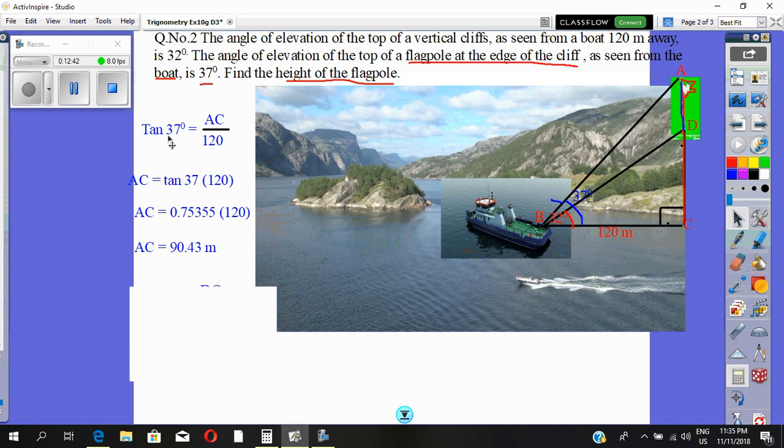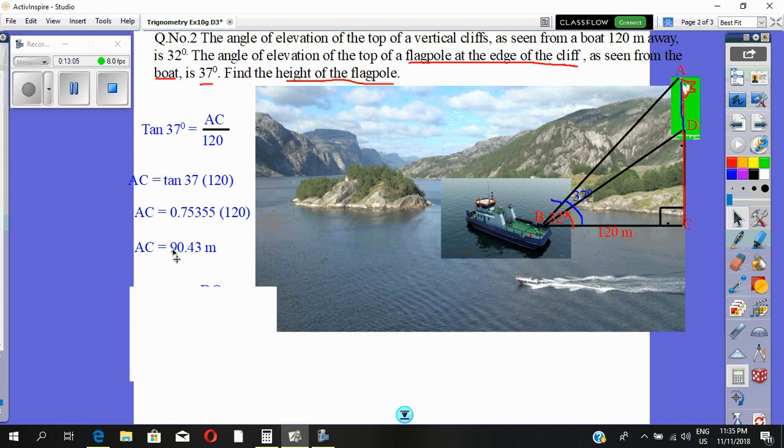I already have calculated the values. All the simple logic is that we use the trigonometric ratios. You simply find tan 37 with the help of a calculator, and then multiply by 120.